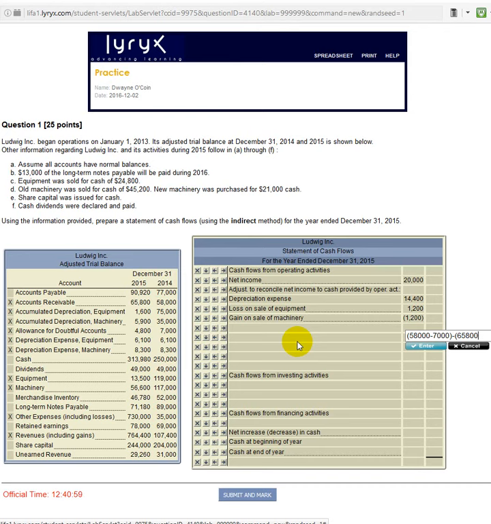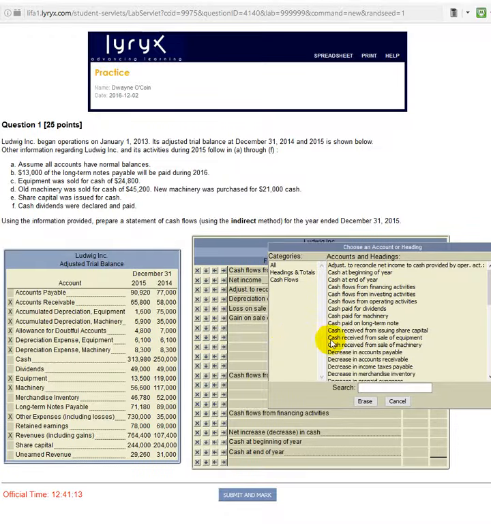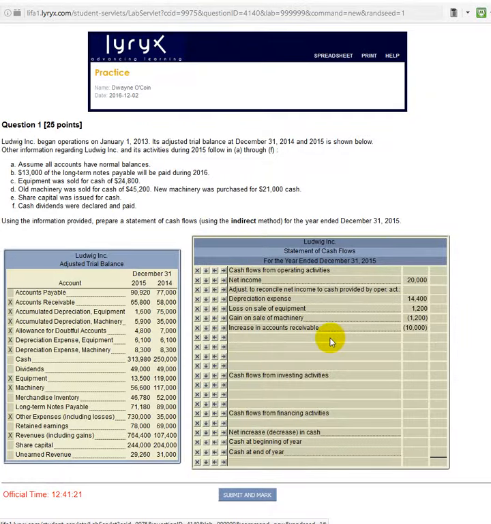So the opening balance is what we collect from our customers. The closing balance is what we lend to them. So 65,800 minus 4,800. So overall, cash went down by 10,000. So now we know when cash goes down, that indicates that the accounts receivable increased. So we have an increase in accounts receivable.